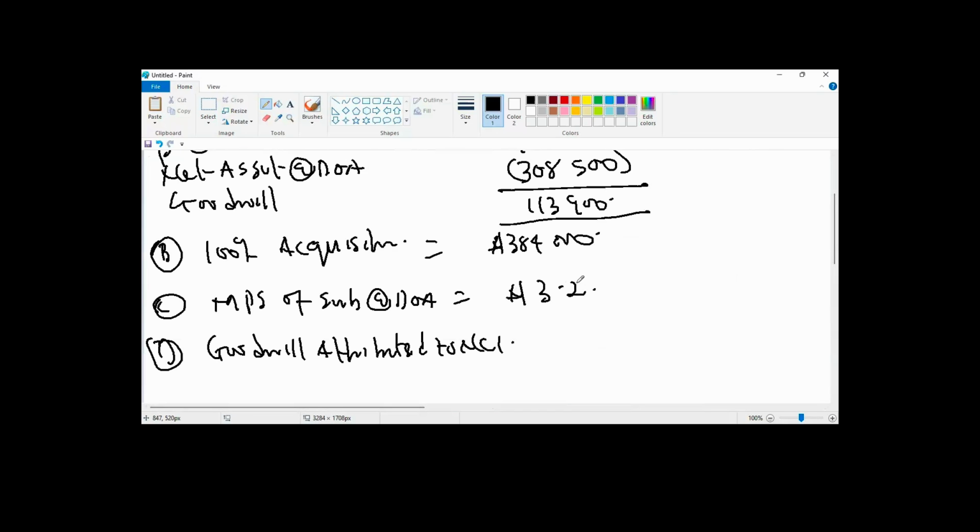Then goodwill attributed to NCI. Out of this 113,900, there is parent goodwill here, and there is also NCI.